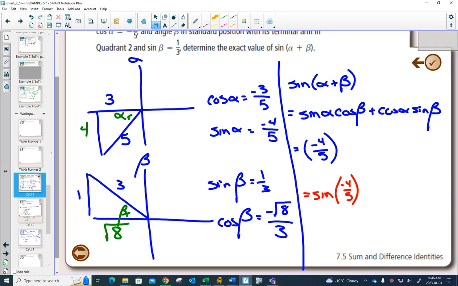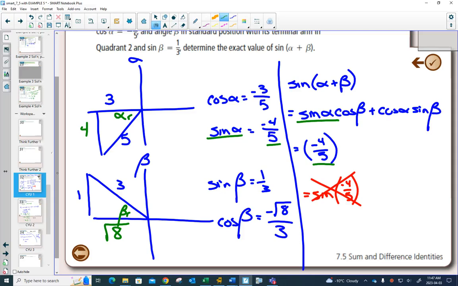So you want to just plug something in just for the alpha, because that's how you've always substituted. You substitute something for a variable. But you have to realize, this is wrong, you do not know what alpha is. Nowhere did we figure out alpha. We know that all of sine alpha is equal to -4/5. So we have to do the big substitution.